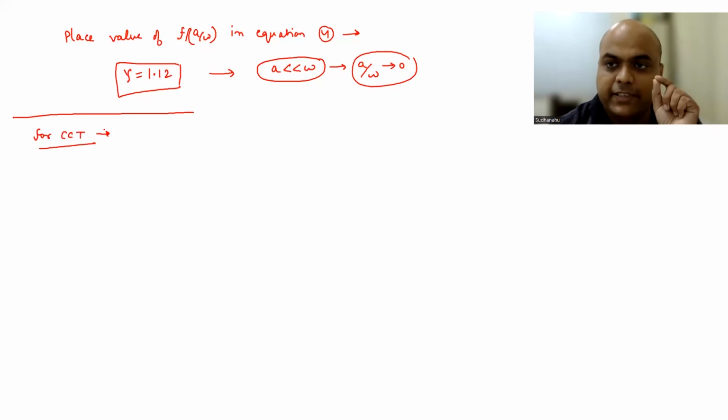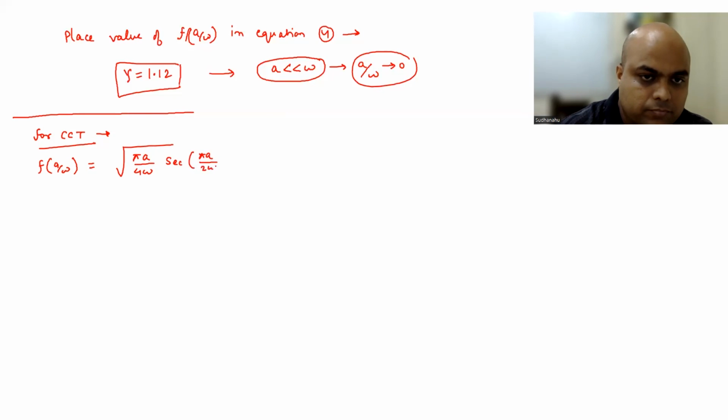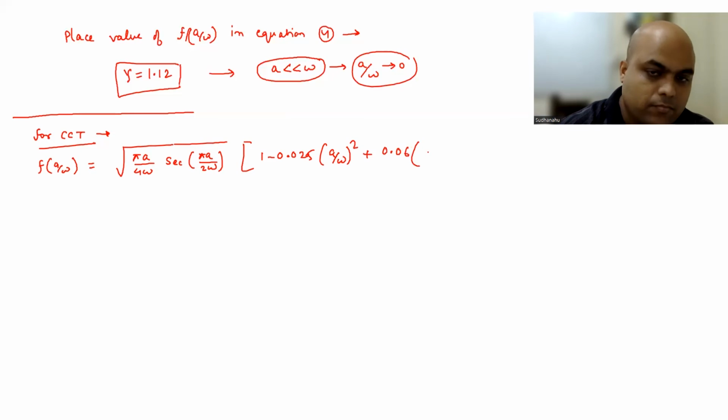So we know for CCT, Y equal to 1 for infinite plates. Let's prove that also very quickly. So f A by W we can write as, okay. So this is for CCT.